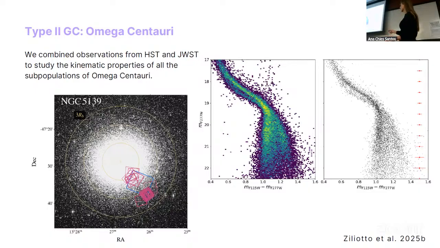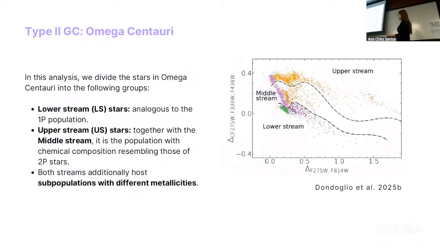So here on the right, you also see the color magnitude diagrams that we have with the JWST filters. And you see this sequence here and this other one here, which are kind of intersecting here. For Omega Centauri, it's not that simple to separate the stars into just 1G and 2G, or 1P and 2P.